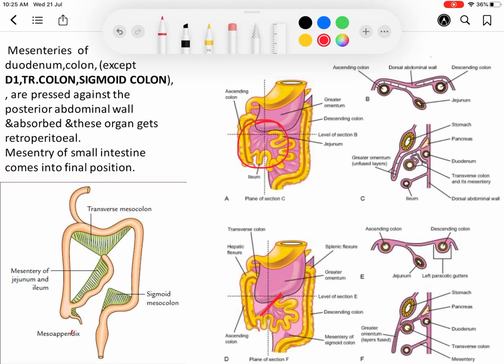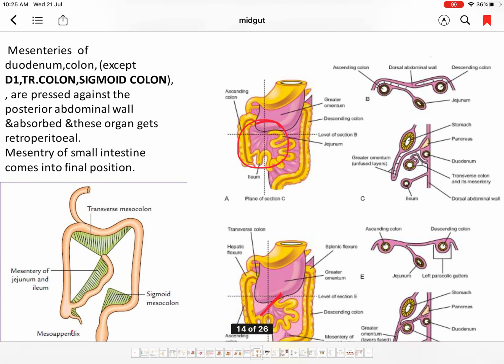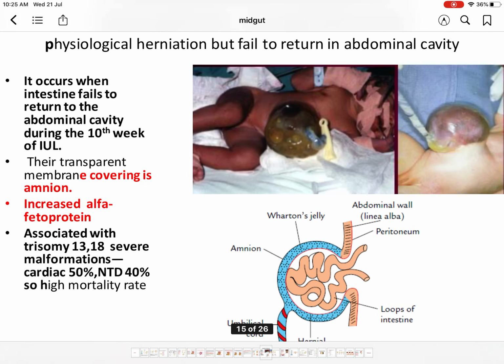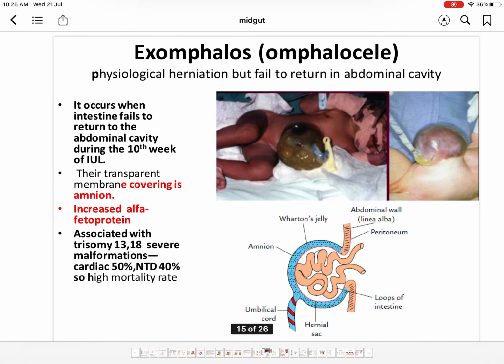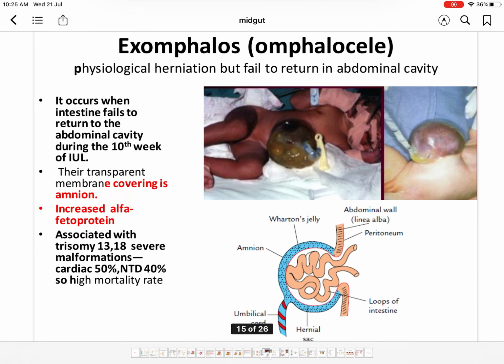This is the final position of the attachment of the root of the mesentery. Here in the first diagram, it is the initial position of the mesentery attachment, and this is the final position that has been achieved. Okay, so this is the fixation of the intestine or fixation of the gut.